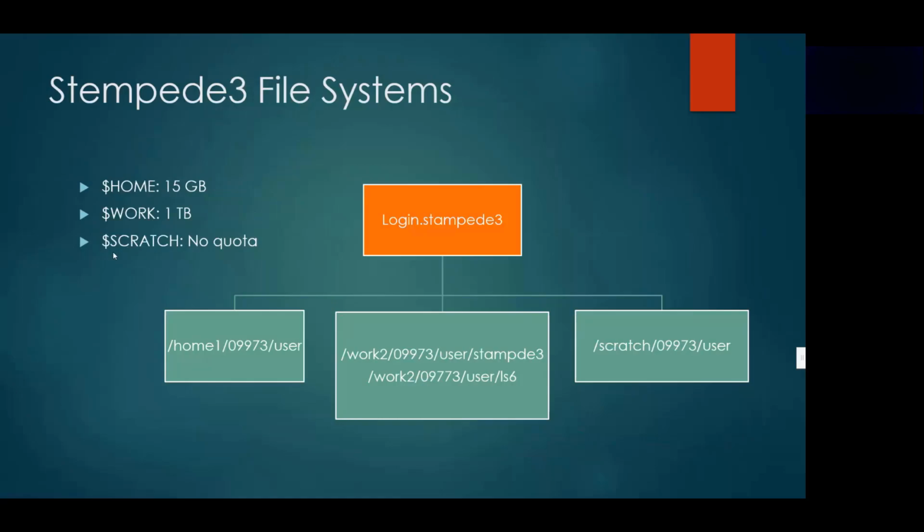Okay, file system. For each individual supercomputer, you use the same login name to log in, but your home directory is in that system. So for Stampede3, when you log in, your home directory is in that system. If you log into Lonestar, your home directory is in Lonestar.